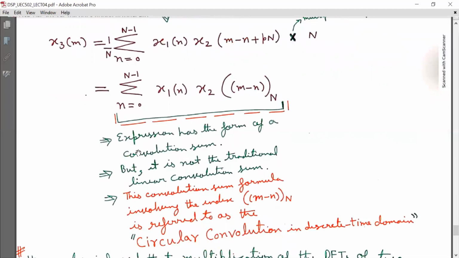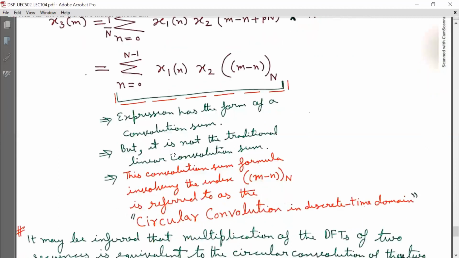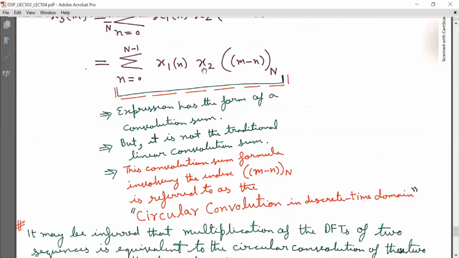This expression is quite similar to convolution, or we can say the expression has the form of a convolution sum, but it is not the traditional linear convolution sum. This convolution sum formula involves the index (m minus n) with subscript capital N, the modulo N operation.